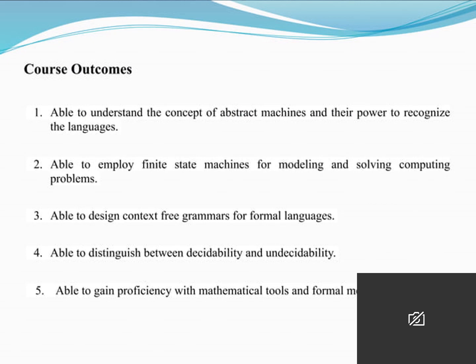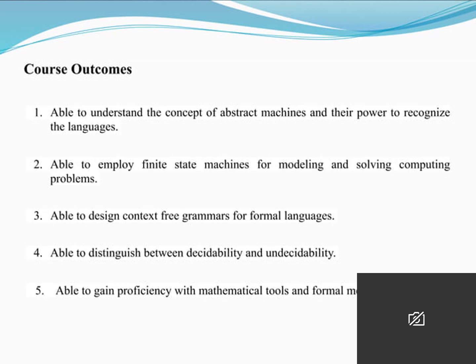The main course outcome of this subject is mainly to understand the concept of abstract machines and their power to recognize languages. They are able to employ finite state machines for modeling and solving computing problems. Third is to be able to design context-free grammars for formal languages.